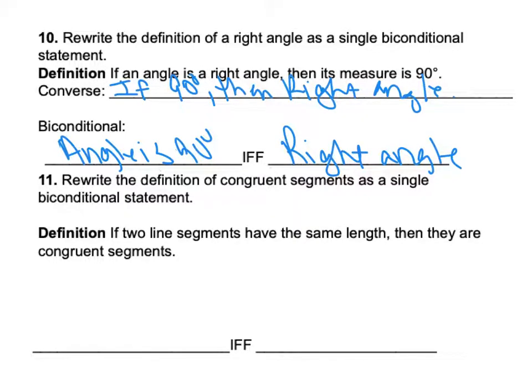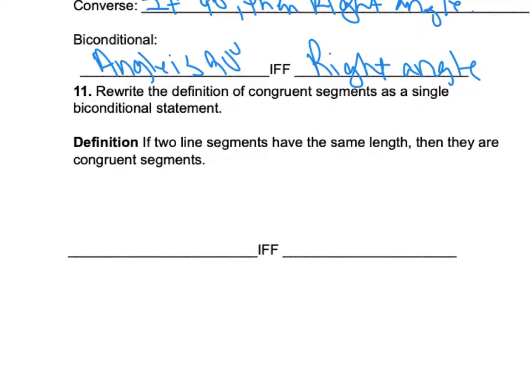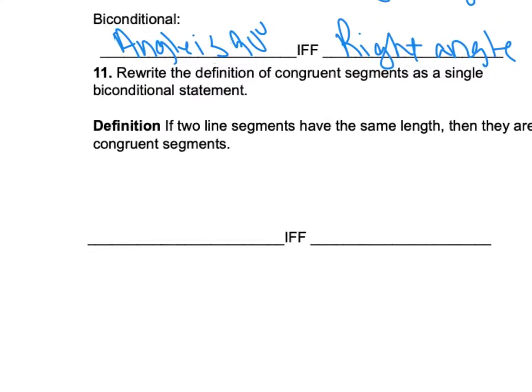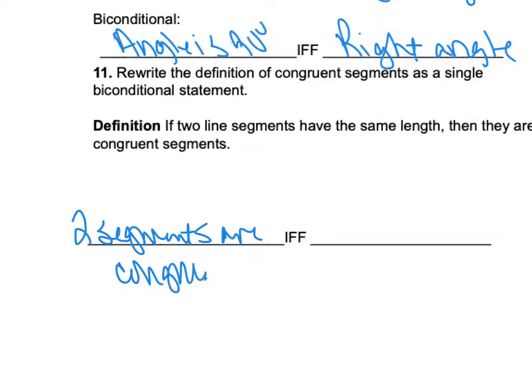Okay, so the next one is: if two line segments have the same length, then they are congruent. The converse would be: if two segments are congruent, then they have the same length. So we would say two segments are congruent if and only if they have the same length.